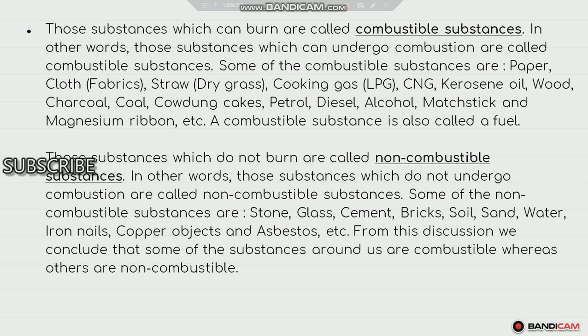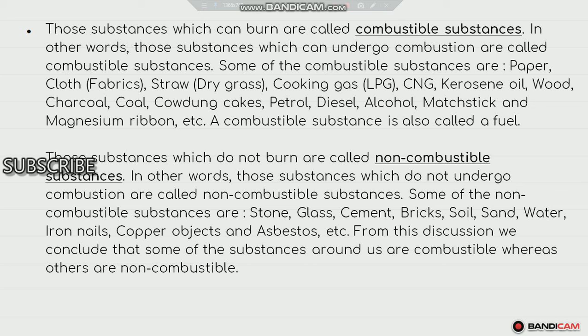For example, some combustible substances are paper, cloth, straw, dry grass, cooking gas, CNG, compressed natural gas, kerosene oil, wood, charcoal, coal, cow dung cakes, etc. A combustible substance is also called a fuel, from which we get energy.